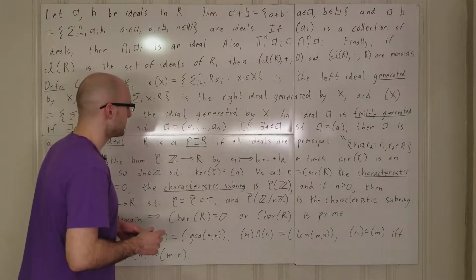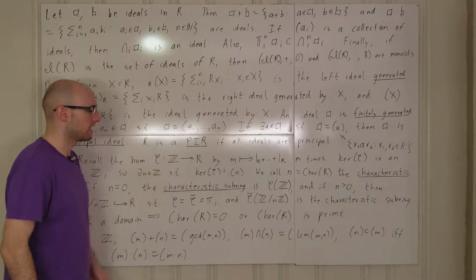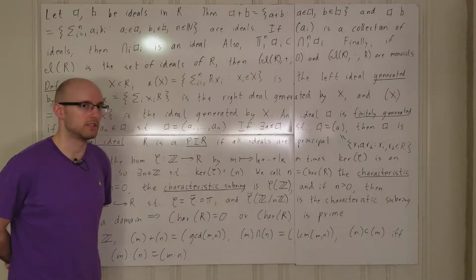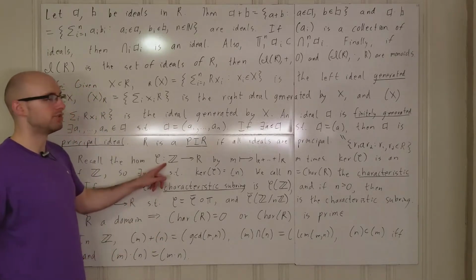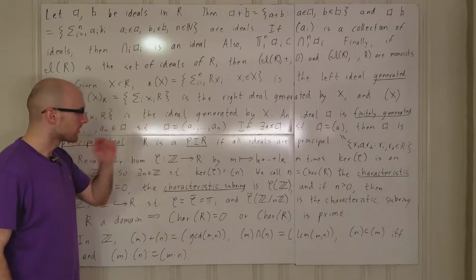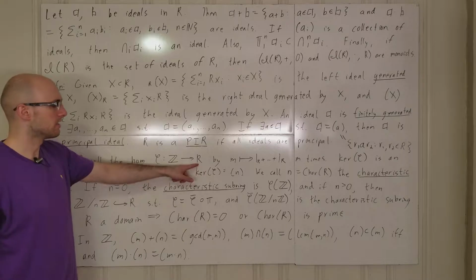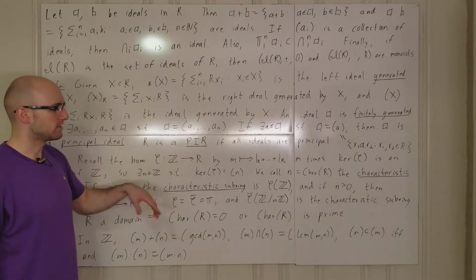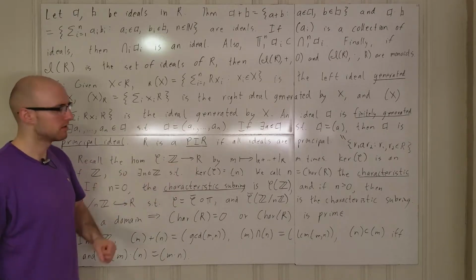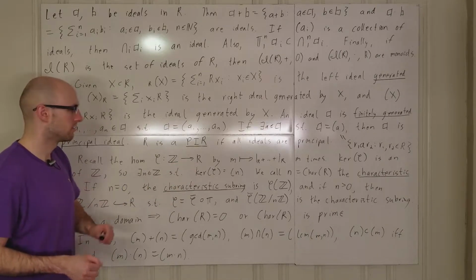If n equals 0, then the kernel is 0, so this map is injective. And so the characteristic subring that we get here will be isomorphic to Z, but it'll be a subring of R.